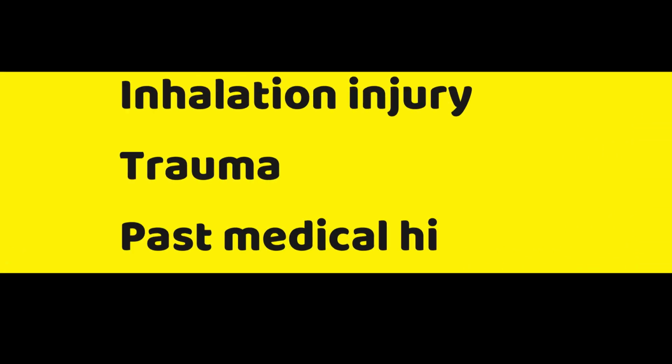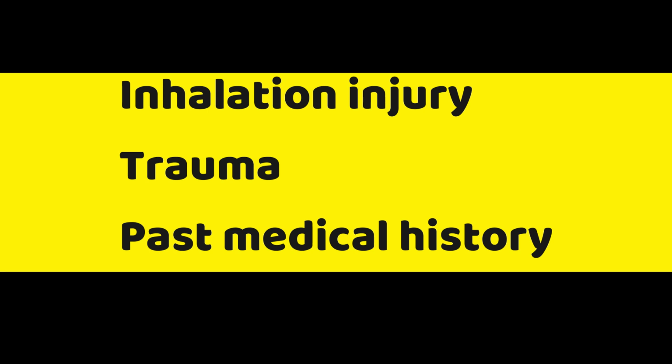Other factors that should be considered and will increase this patient's morbidity and mortality are associated inhalation injury, associated traumatic injury, and the patient's baseline medical conditions like heart disease or lung disease.